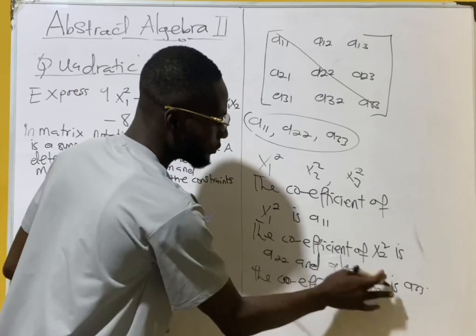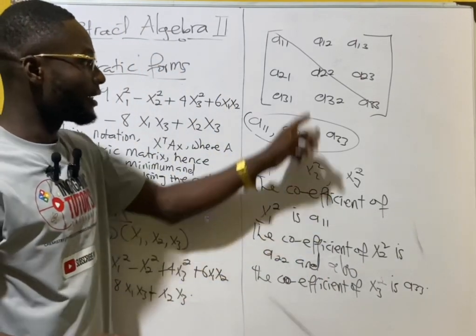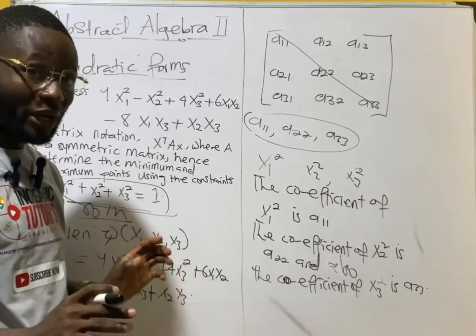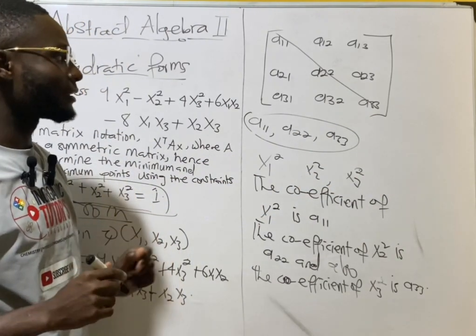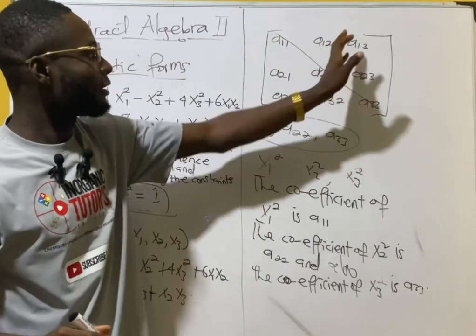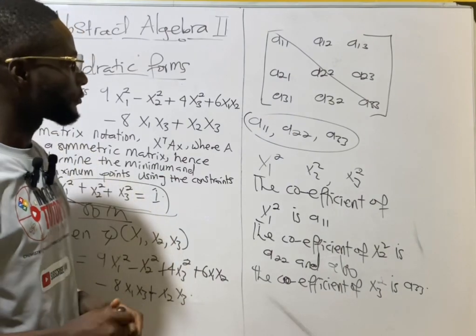So basically, that is the main diagonal element. Okay, now we are done with the main diagonal elements. Let's come to the elements on the upper half and the lower half of the matrix.